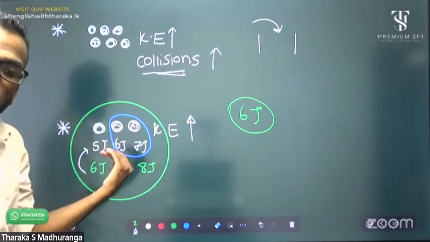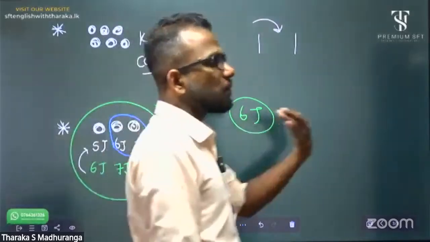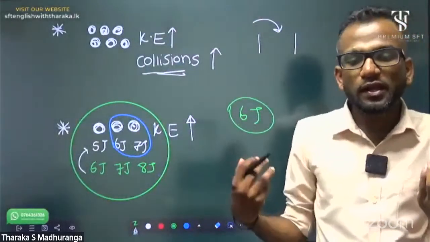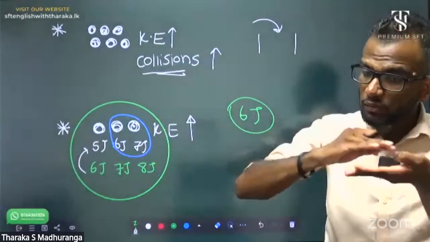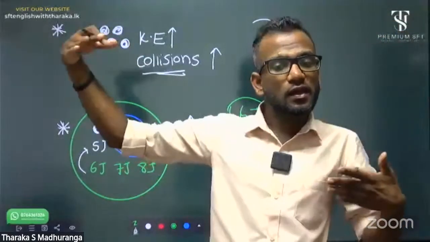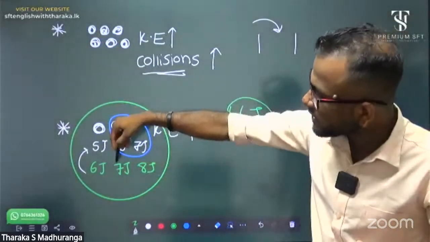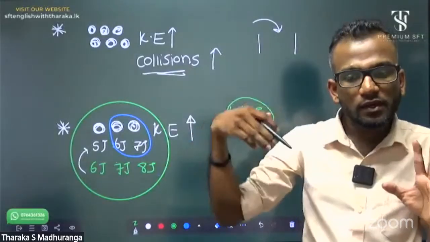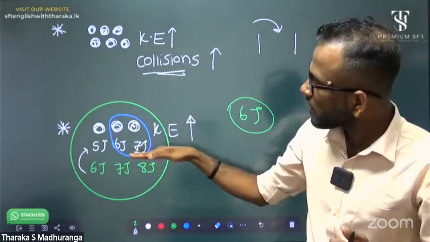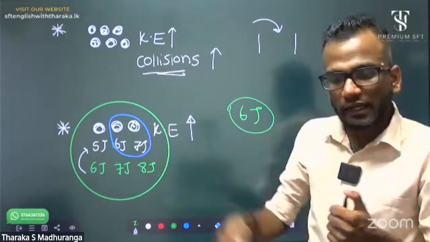If we increase the temperature, molecule kinetic energy increases, then molecular energy level increases. Due to that, the number of molecules exceeding activation energy increases. That's the thing. At initial temperature, 2 exceed activation energy.